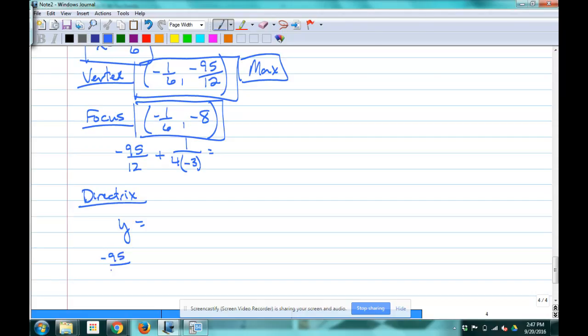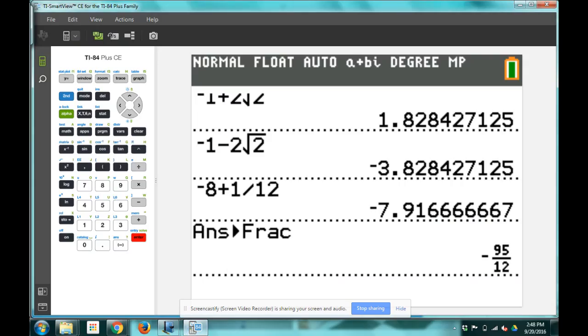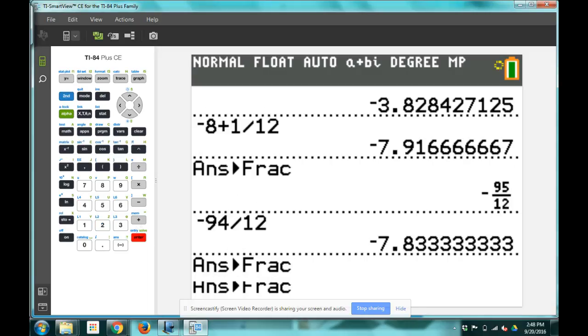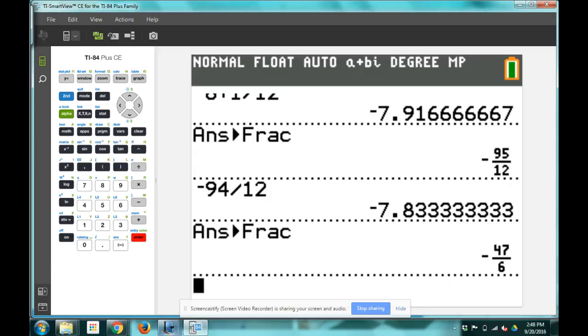Negative 95 over 12 minus 1/12 is going to be negative 96 over 12, which reduces, right? Negative 47 over 6.